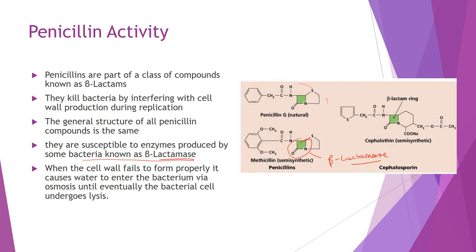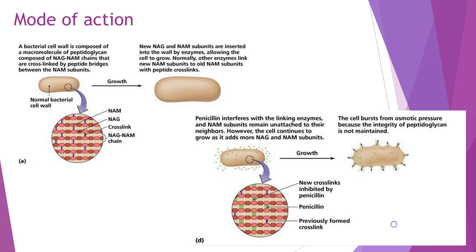So when this happens, the beta-lactam binds onto the bacterium. When the bacteria undergoes binary fission, and the new cell wall is formed, the penicillins stop the formation of the new cell wall. So you end up with holes in your new cell wall, and then due to osmotic pressure, water rushes in and bursts the new bacterial cells, so they undergo lysis.